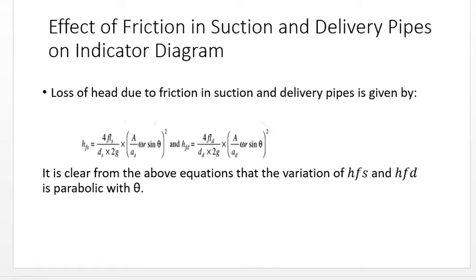It is clear from the above equation, you can see that the friction heads HFS and HFD are a function of sin θ to the whole square. It means this is a parabolic function. HFS and HFD are parabolic with θ. So during the suction or delivery stroke, the pressure head inside the cylinder will change.